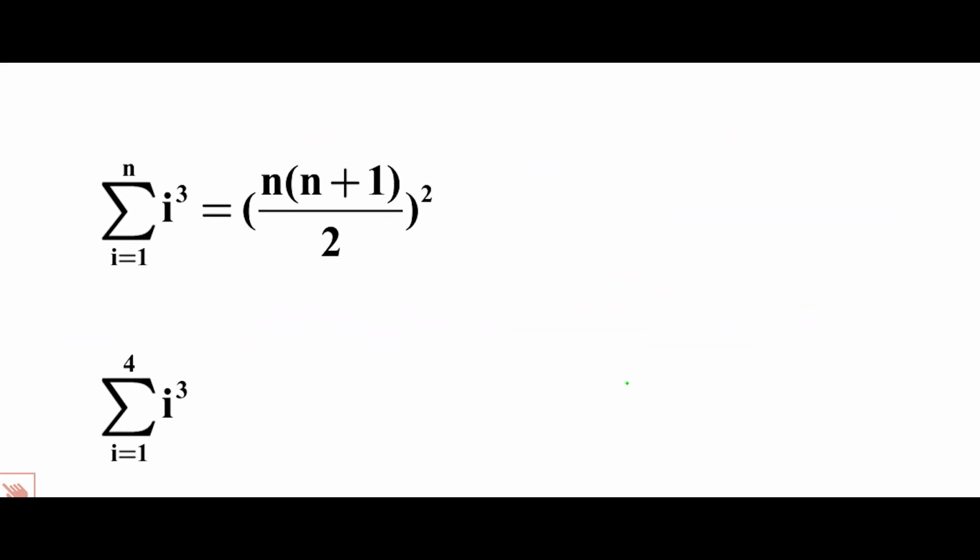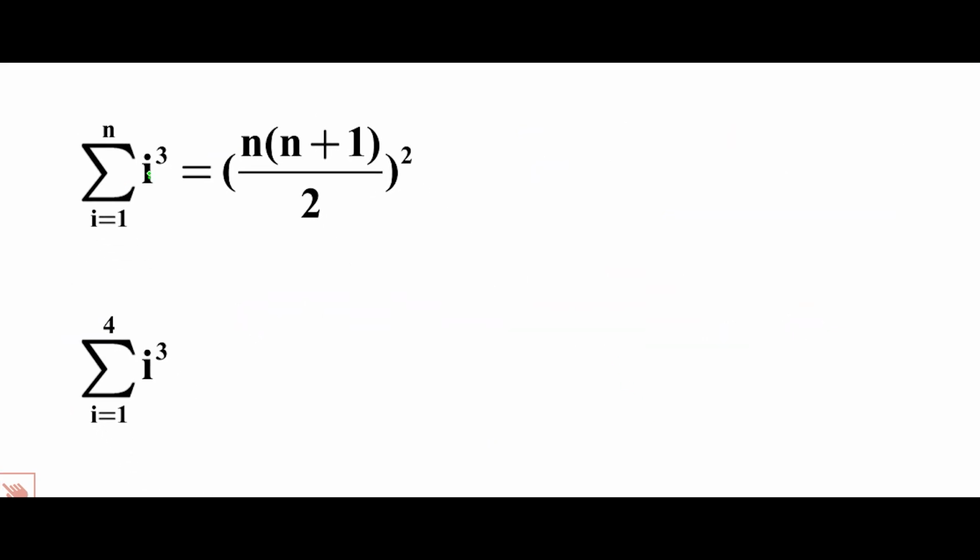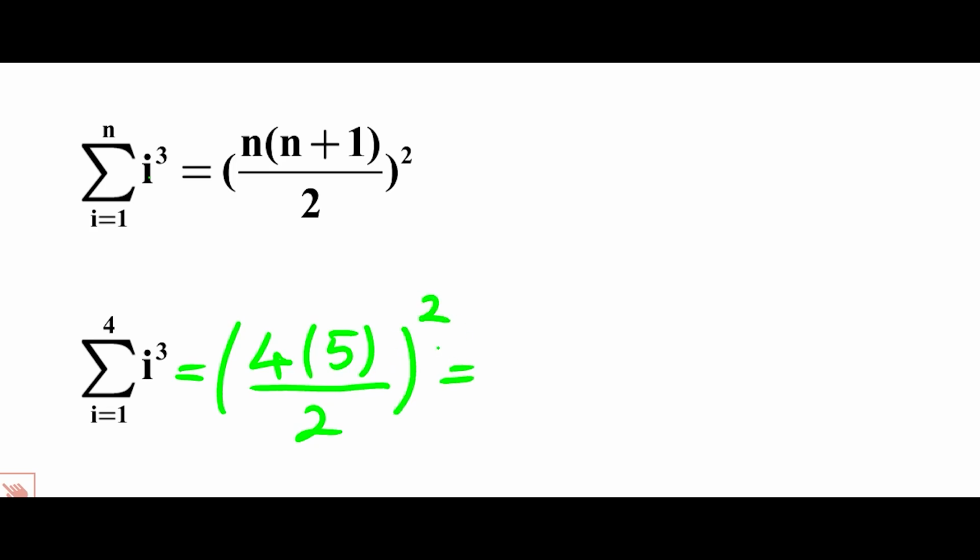Number 3, sum of the cubes. The sum of i cubed from i equals 1 to n equals (n times (n plus 1) over 2) squared. For example, the sum of i cubed from i equals 1 to 4. In this problem, n is 4, so we have (4 times 5 over 2) whole squared, so we have 100, right?